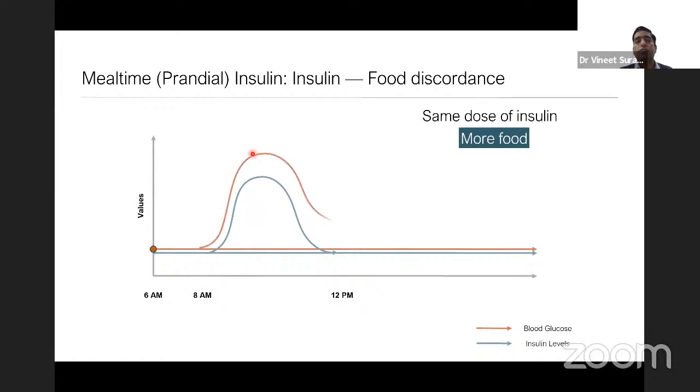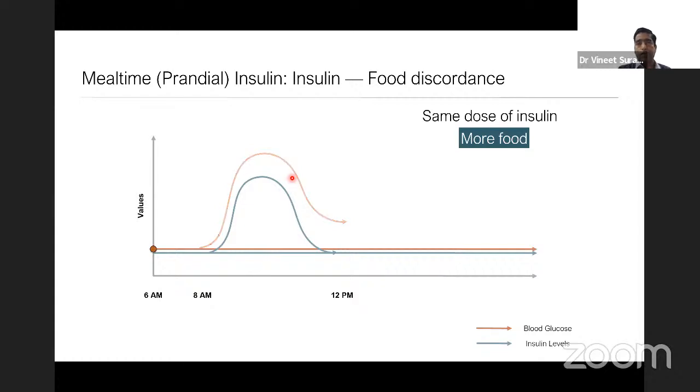Your blood glucose will go higher, and it will again take time to settle down to the baseline. So basically your baseline goes up. It should have come back to the baseline, but it doesn't because your insulin remains less compared to that amount of food. And in that process, your blood glucose remains up and your baseline changes to the higher side.